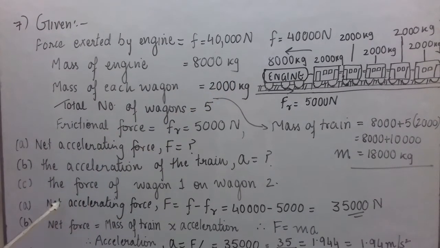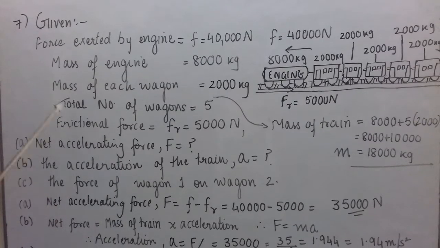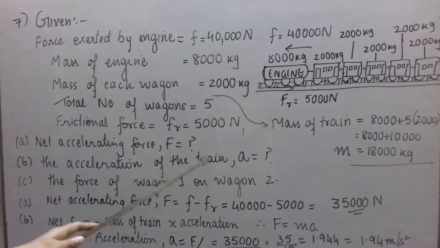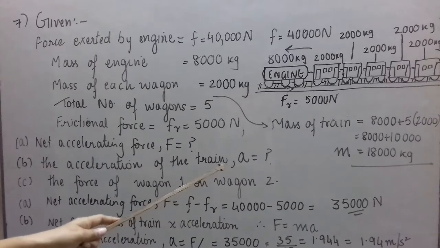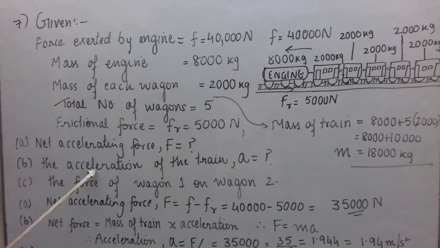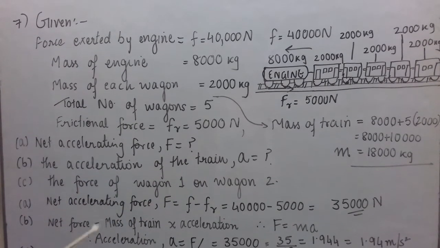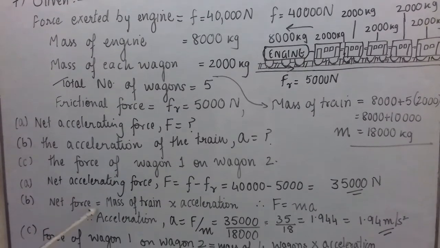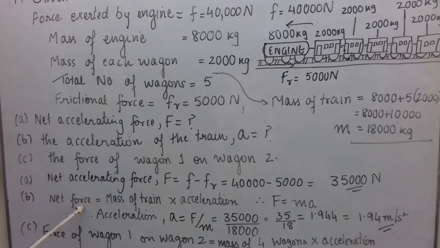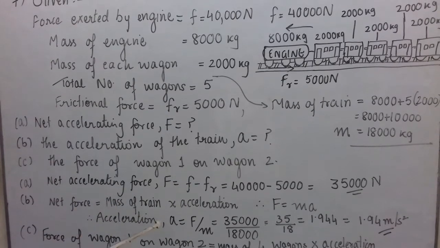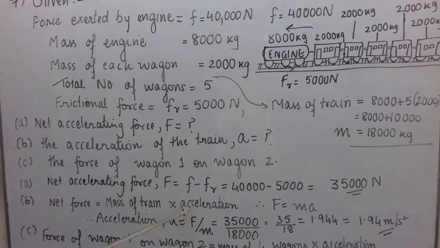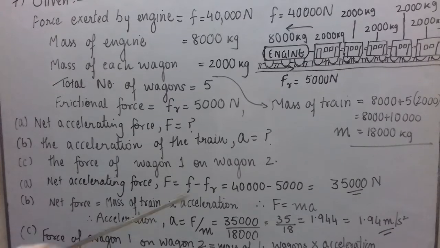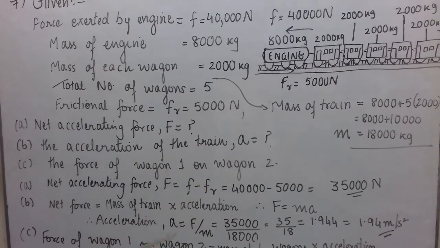Now next, the acceleration of the train, which I have represented by a. We know that F is equal to ma. The net force is acting on the complete train, mass of the train into acceleration of the train. So F is ma, so a will be F by m.